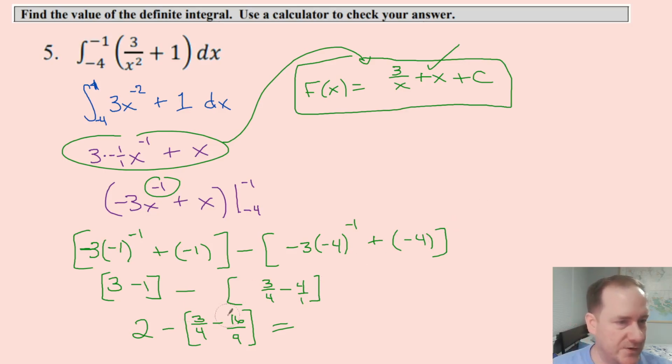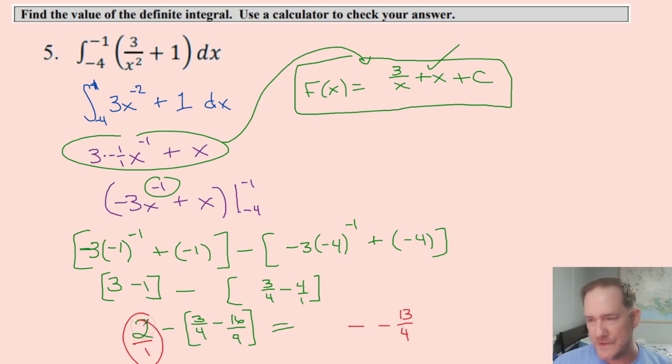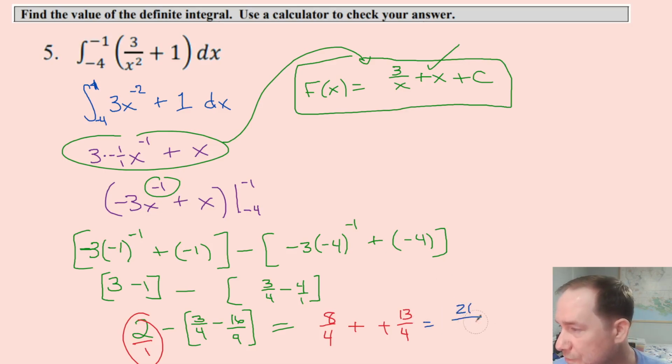That's giving me a negative 13 over 4, but we're subtracting negative 13 over 4. And then just notice the 2 is over 1 as well. So since everything's fourths, we'd want to make this thing 8/4. And subtracting a negative means adding, which is telling me that our final answer is 21/4.